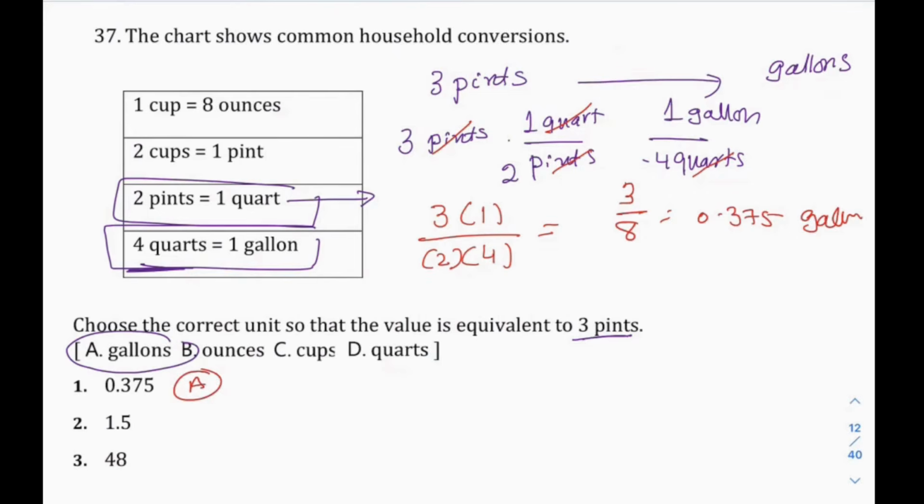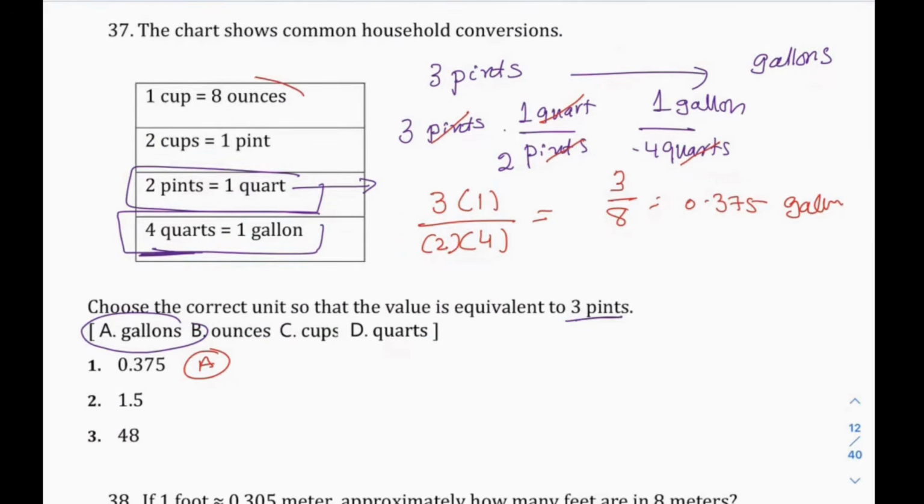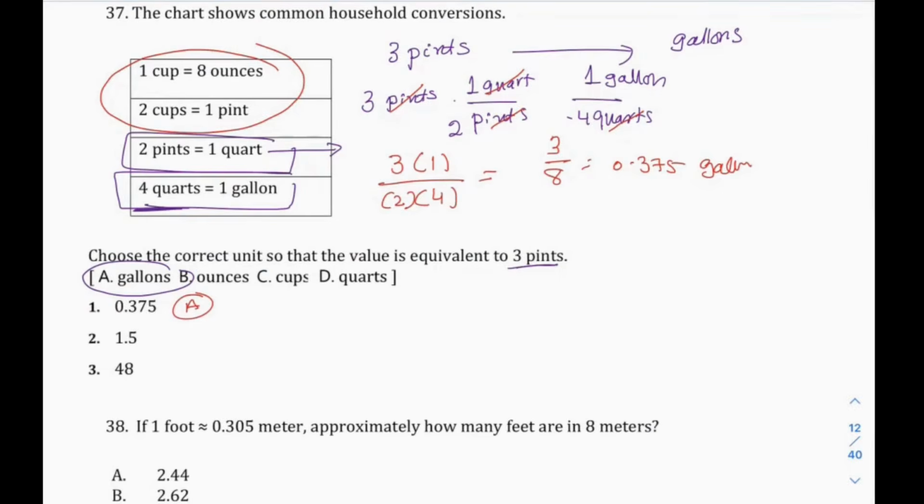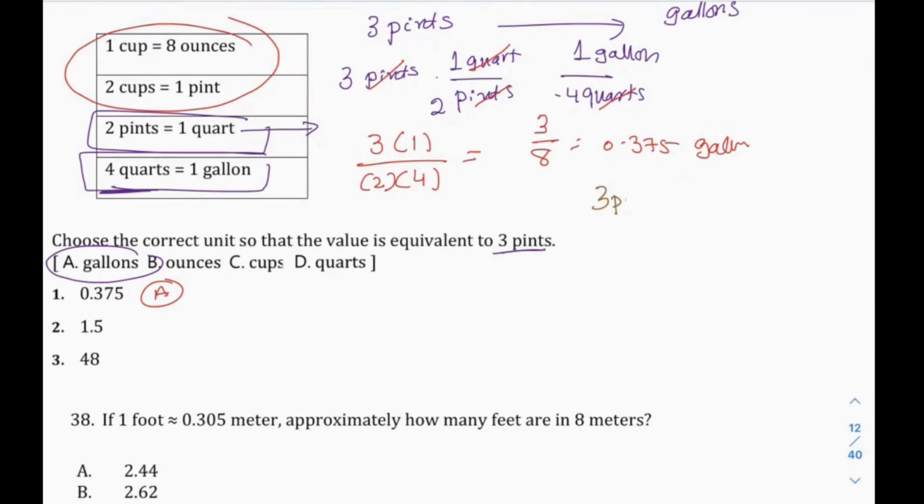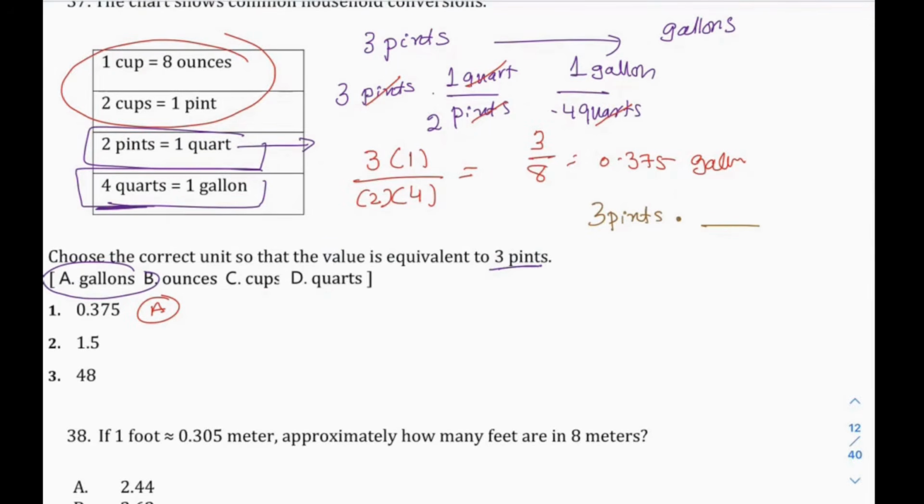Okay. Now, ounces. How can I convert from pints to ounces directly? Here, there is another relation relating pints to cups and then cups to ounces, because there is no direct relation that takes you from pints to ounces. So again, I will choose another color to say 3 pints multiplied by. Remember, at the end, I want ounces, so I want ounces up. So I will put the pints down so I cancel. What do we have here?